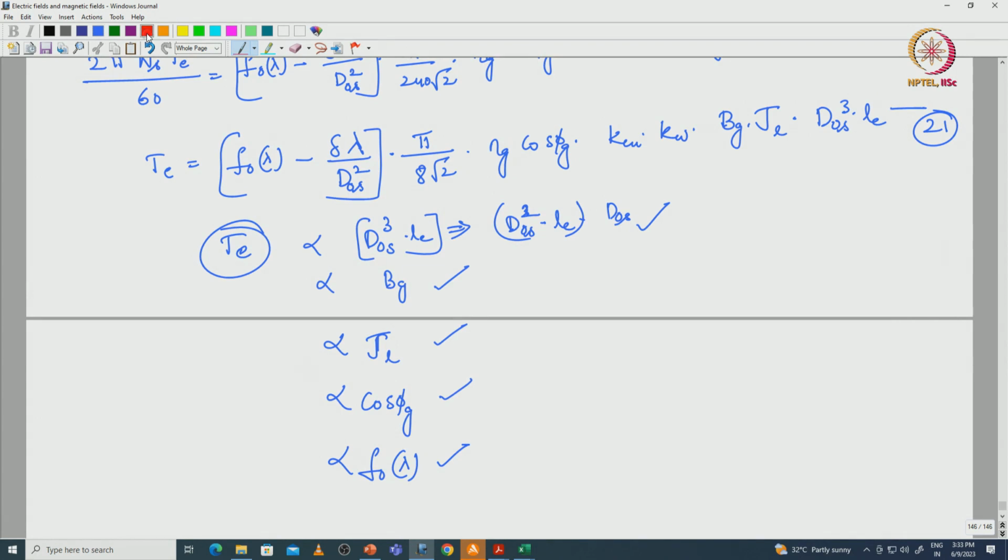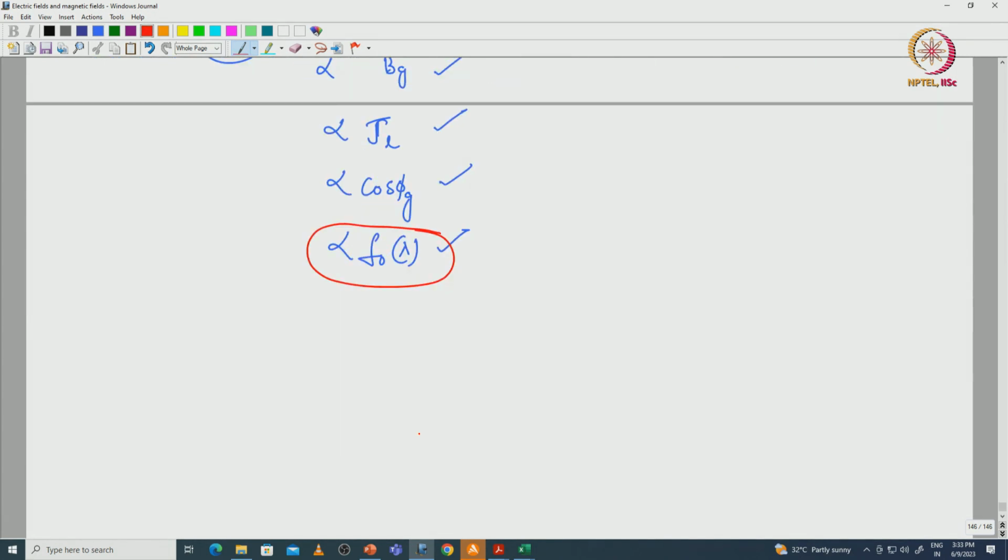The key thing with respect to the D square L and D cube L product equations is the output function involved in the D cube L sizing equation. If I rewrite the sizing equations, P naught with respect to the D square L product, I will write first what we have discussed.